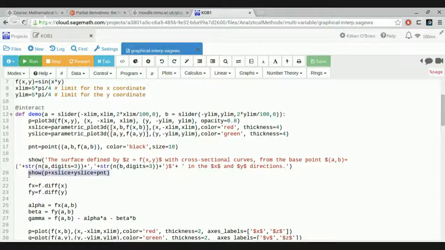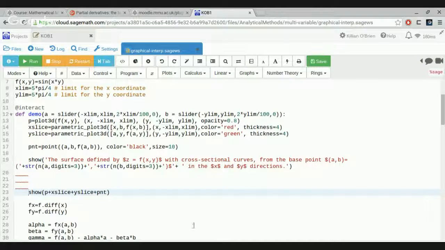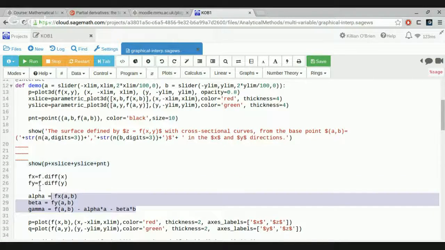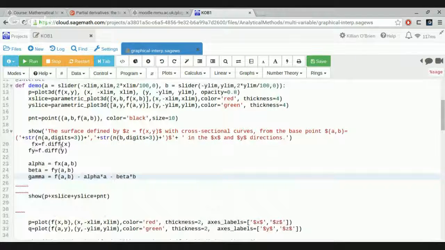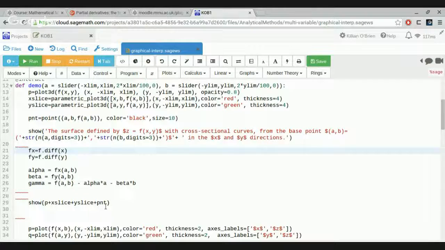So that command there is where the surface is shown along with the two slice curves. So if I get all of that code just appearing before it, the tangent plane will be a plot 3D.